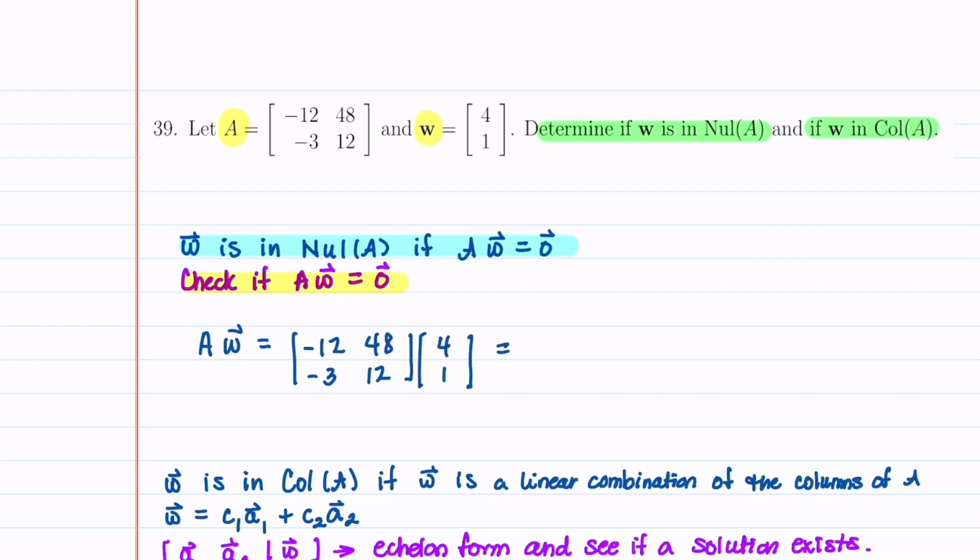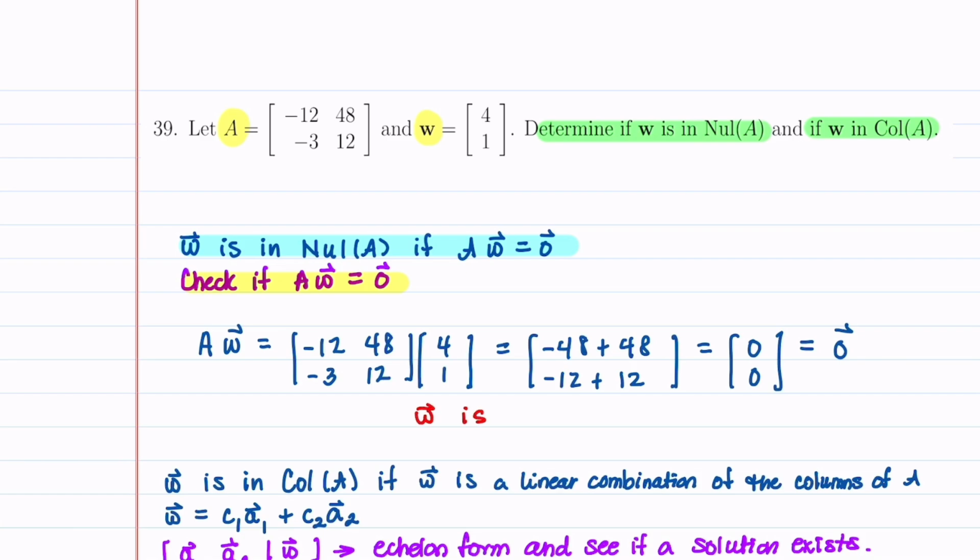And what we get is -48 plus 48 for our first component, and then -12 plus 12 for our second component. And you can see that this is equal to 0, 0, and this is our zero vector. So we can conclude that W is in the null space of matrix A.